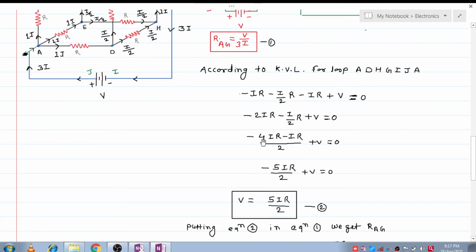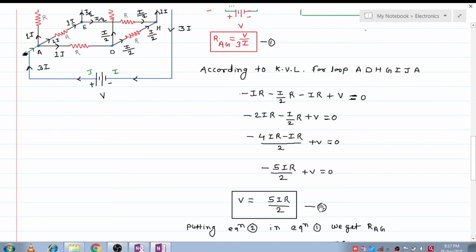We multiply by 2 to make the denominator the same. So this is minus 4IR minus IR, that is minus 5IR divided by 2, plus V is equal to 0. So V is equal to, the minus sign gets cancelled and becomes positive when it goes above the equal sign. So V is equal to 5IR divided by 2. So this is our equation.